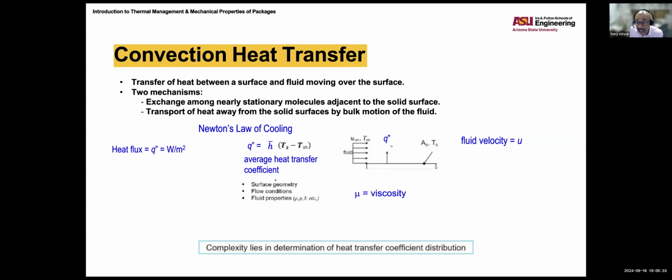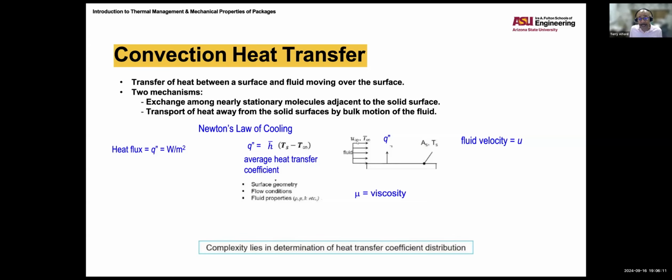Now, let's go over to our schematic. We have our solid, and it's going to have an area of the surface and a temperature of the surface. And we have our fluid flowing over the solid, and that fluid is going to have a certain velocity, u. We can describe u far, far away from the surface. That's why we use the infinity.